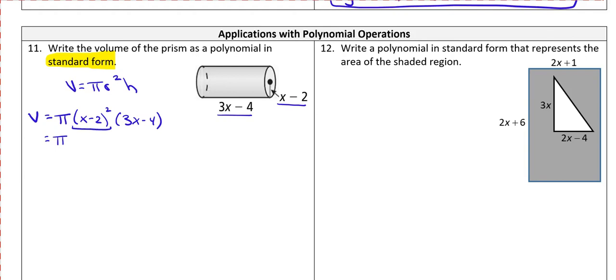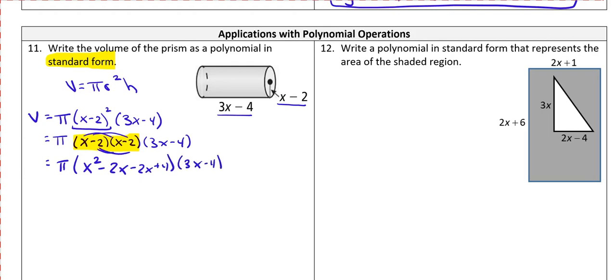So x minus 2 squared, remember, means x minus 2 times x minus 2. And then we're going to multiply that times 3x minus 4. Now again, some advice: start with what was squared. That will make your life a little bit easier. So we're going to have pi times, that's going to be 4 terms, x squared minus 2x, and then minus 2x plus 4.